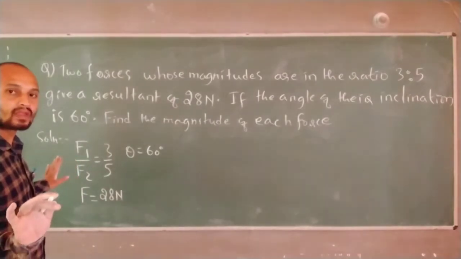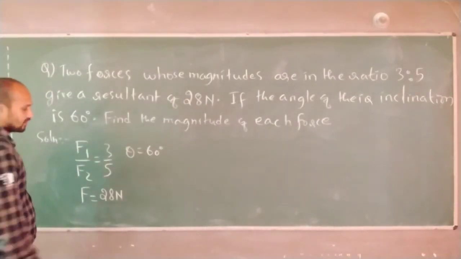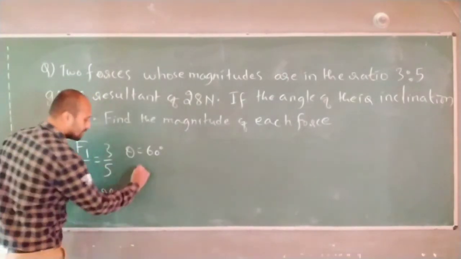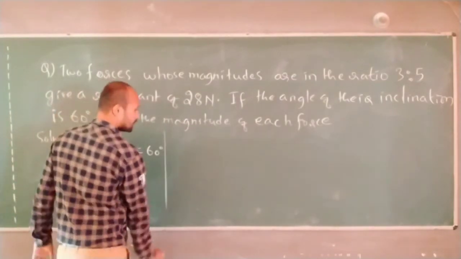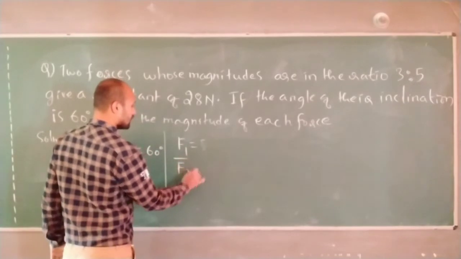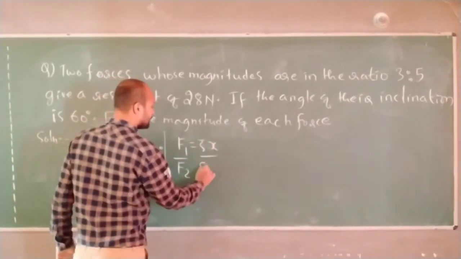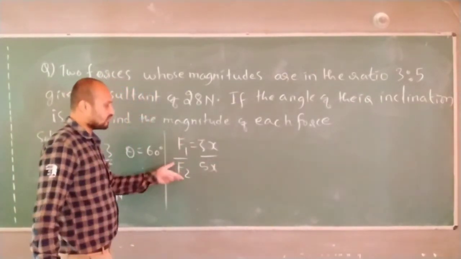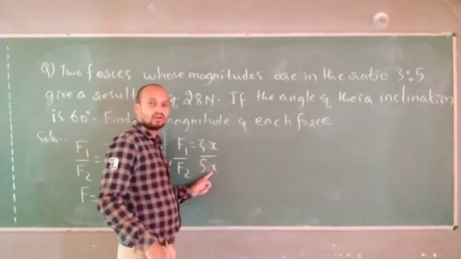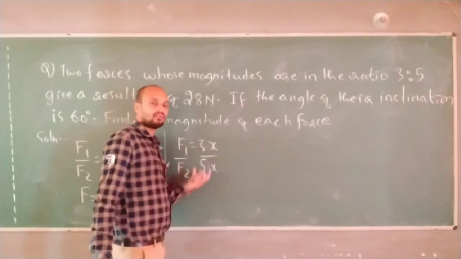Very simple. F1 by F2 you know is 3 by 5. Let me take x as a factor. F1 by F2 is 3 by 5 because there is one factor x which is common to both of them, such that I will get the values of F1 and F2.